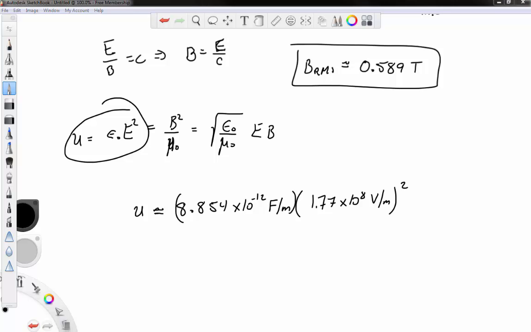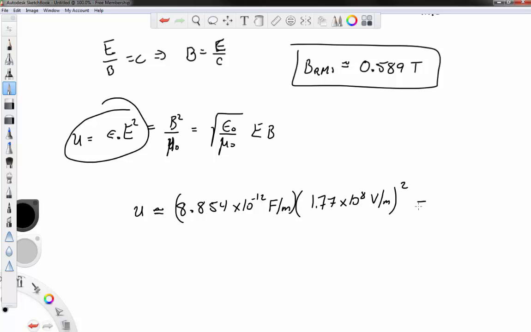So E squared would be 1.77 squared, which is 3.13 times 10 to the 16, and then that's times another 8.854 times 10 to the minus 12.